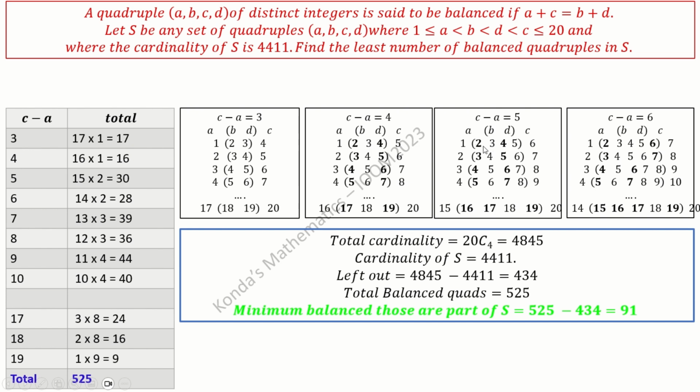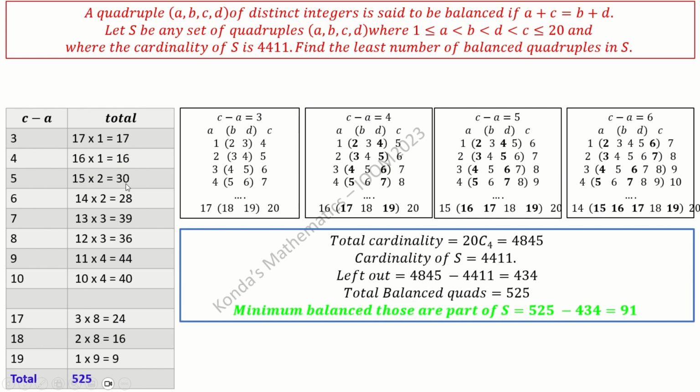That is, 5 and 2 are possible, 3 and 4 are possible. Correct? 5 plus 2 is 7, 3 plus 4 is 7, 6 plus 1 is 7. So you have two options here. That means total number of possibilities into 2. So total are 15 possible here. So 15 into 2. B and D, you have two options, right?